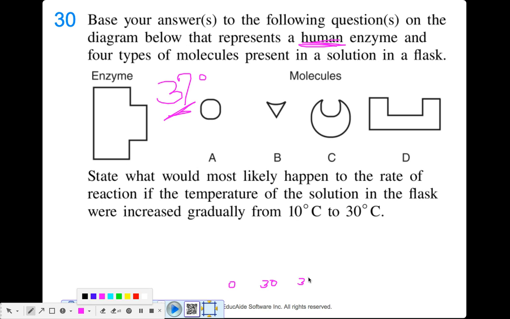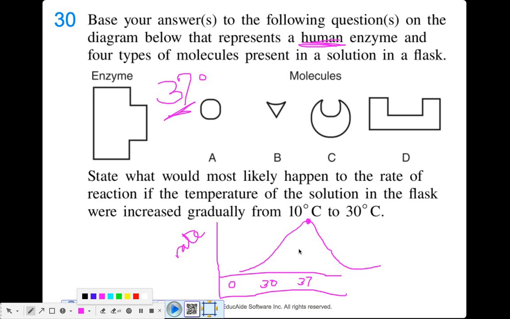So if we know our optimal temperature is going to be 37, we'll put the rate over here. You can just kind of picture it. Okay, from 10 to 30, if we know 37 is going to be the high point, we might expect it to look something like that. That's probably like an enzyme curve that we would see for this enzyme.